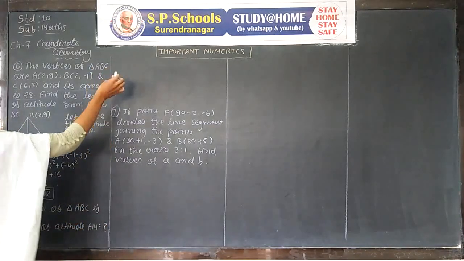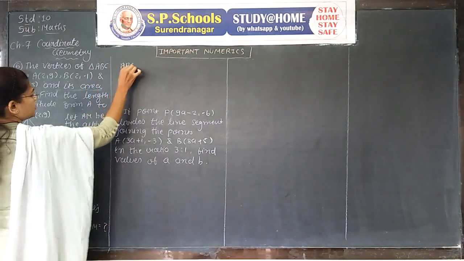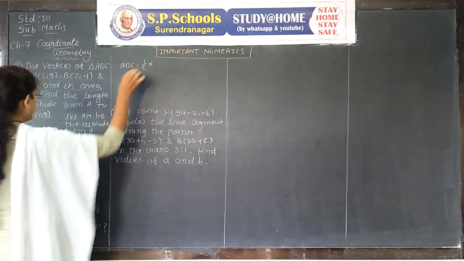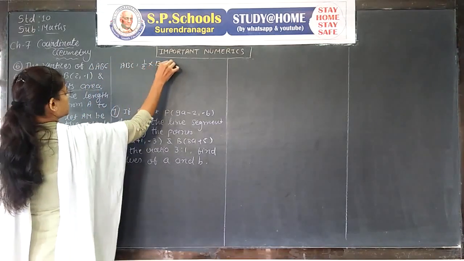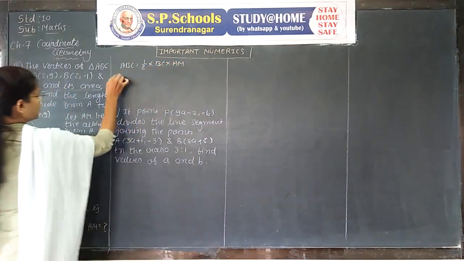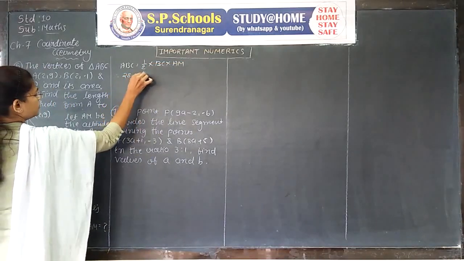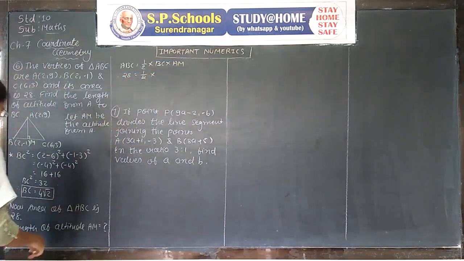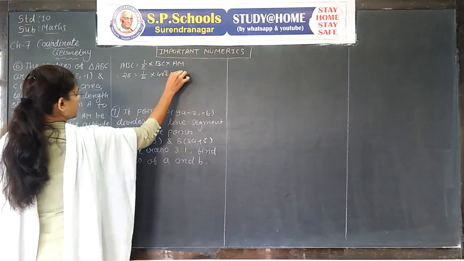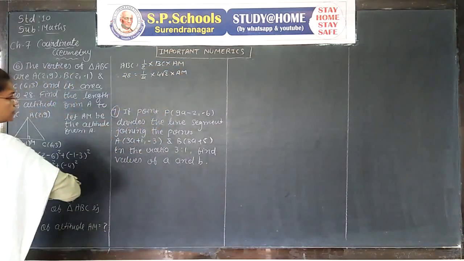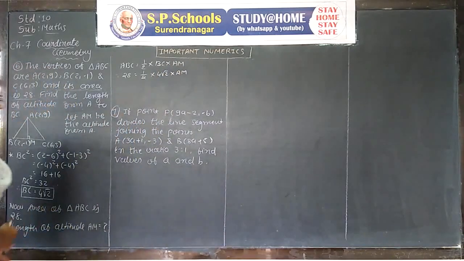We are using the area of triangle ABC is equal to 1/2 where the base is BC and the height is AM. 1/2 multiplied by BC multiplied by height AM. The area is given as 28, so 28 is equal to 1/2 multiplied by 4 root 2 and multiplied by AM. Now we make AM the subject.